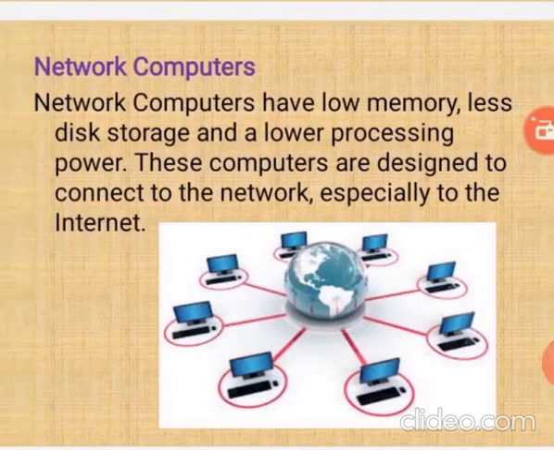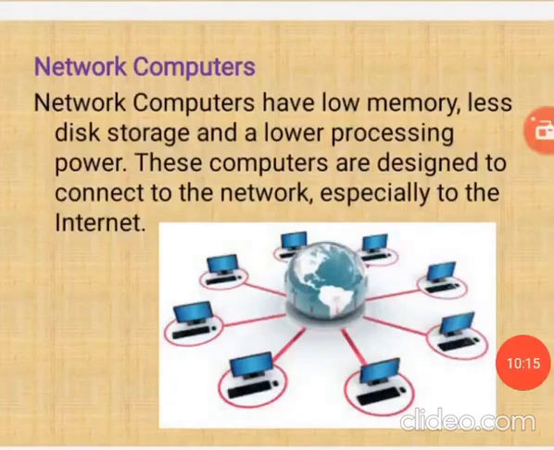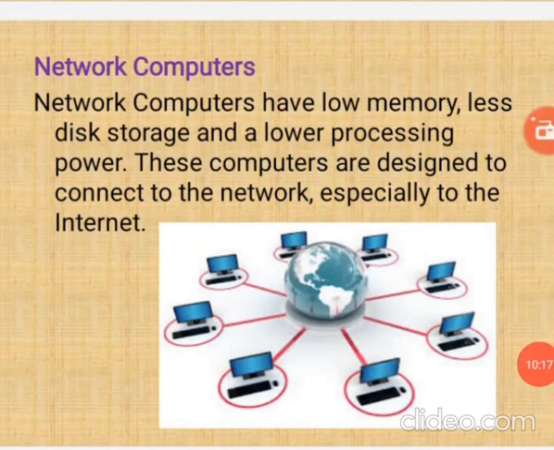Last one is the output unit. Output. The result that you see on your screen, that is called output. Whatever you type, you can see the result on your screen. That is called the output unit.